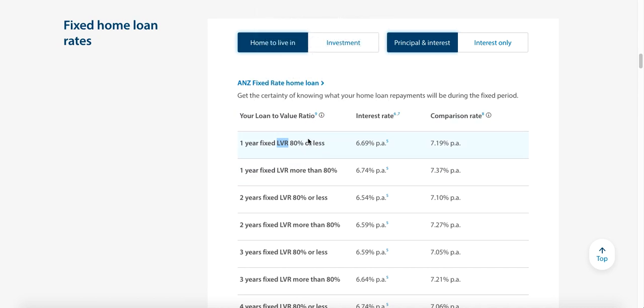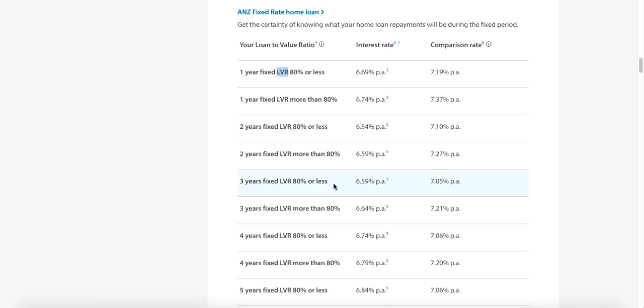Going even more basic, if you have a $500,000 house, 20% of $500,000 is $100,000, meaning that you have more than $100,000 of equity in your property, so you will get the lower interest rate. If you have less than $100,000 of equity in your property, you'll get a slightly higher interest rate. So remember that term, LVR, loan to value ratio.